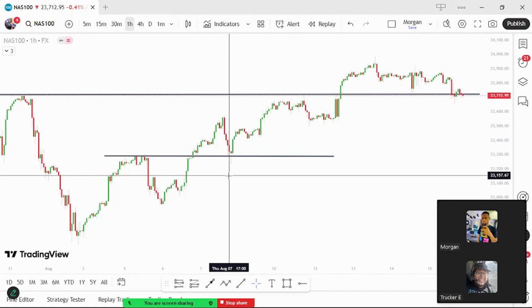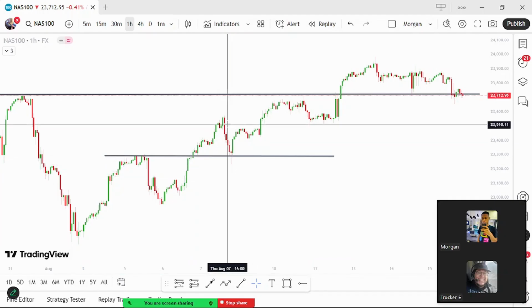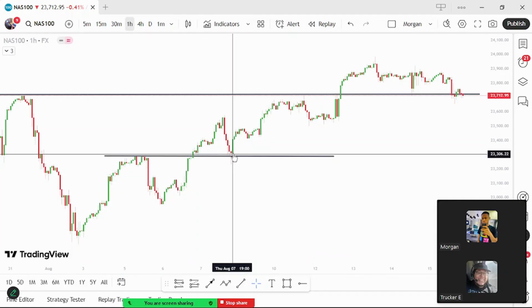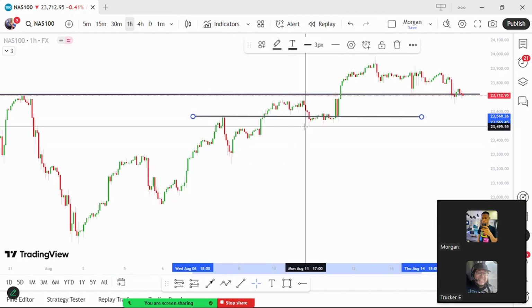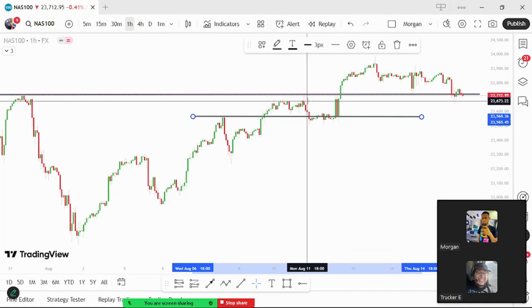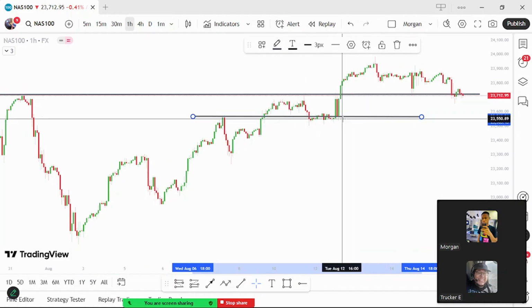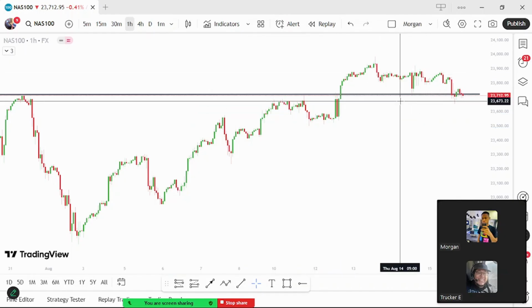Price didn't correct fully down. I don't know why price didn't correct fully down. Price starts in here, created a new high, making this level here a new indication. Then price corrected itself back above here, moved. We have a new high now on the price. So this right here is a new indication, right?